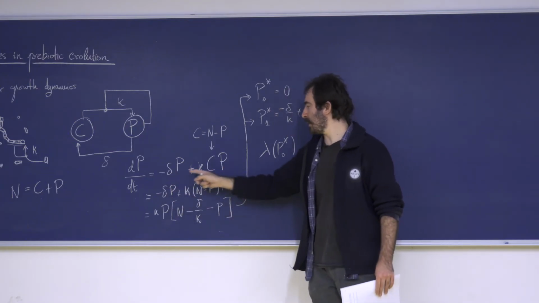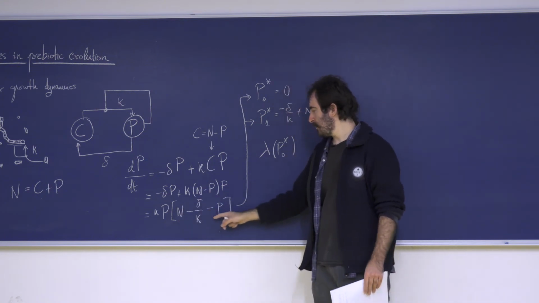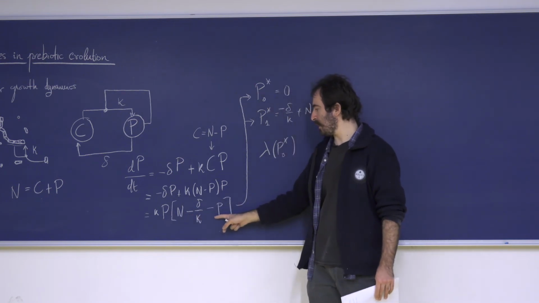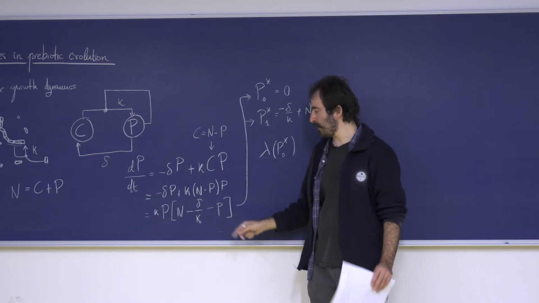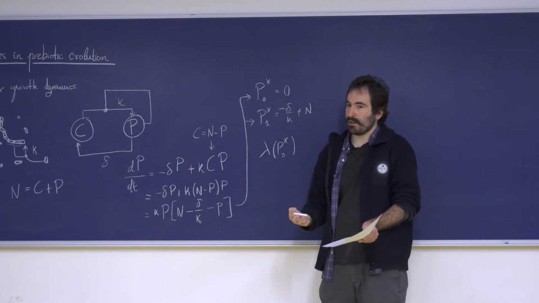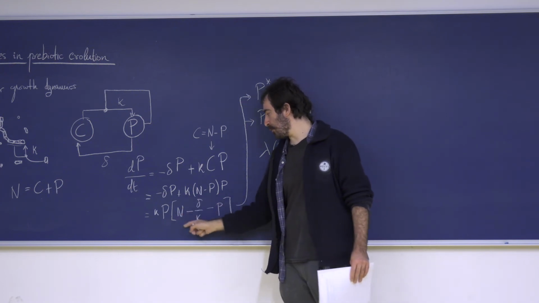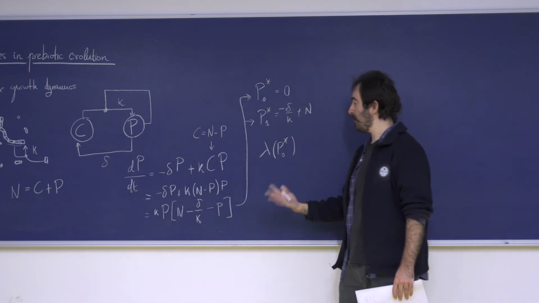So we can quickly do it. As a matter of fact, we can do it down here because we know that this is going to be carrying a P squared. And therefore, this term, when we substitute the trivial fixed point, that's the nice thing about studying the trivial fixed point, is going to cancel. All we're left with is this term times K, and P is going to vanish from the derivative.